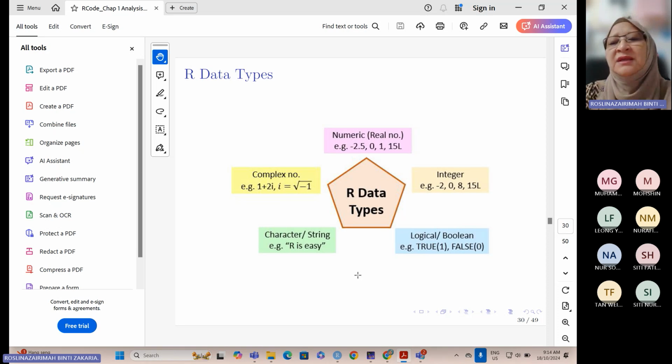If you want to really declare the number as an integer, we must write L, like 15L, for example. Then we also have true and false, logical types, or boolean. For character or string or text, and then we have complex numbers. So these are the different types of R data types.